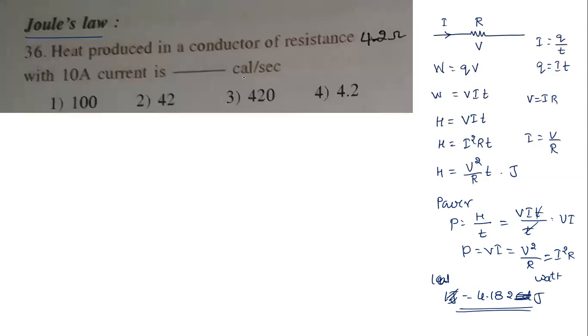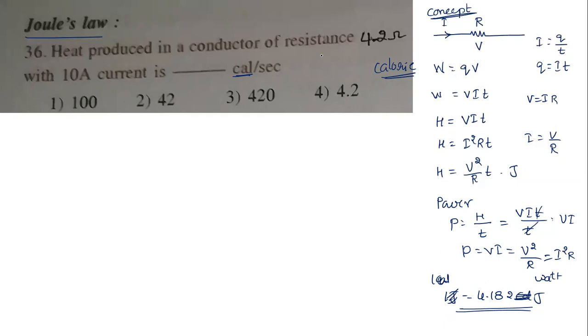Look at the first question itself, it has CAL, meaning calorie, which is a unit of heat energy. Now this concept is clear, so we'll come back to the questions.